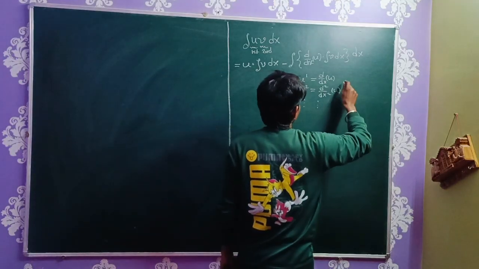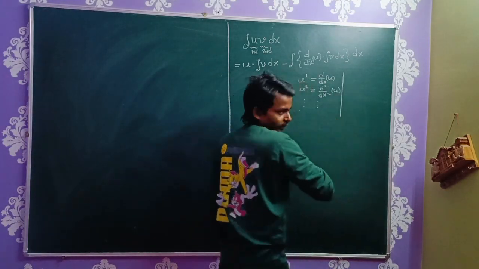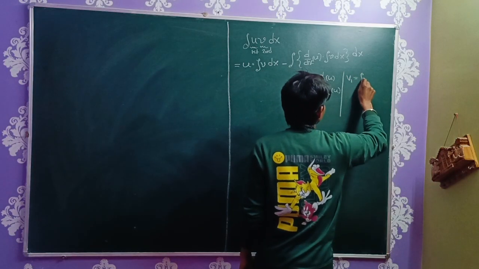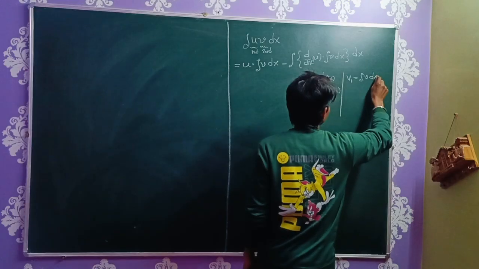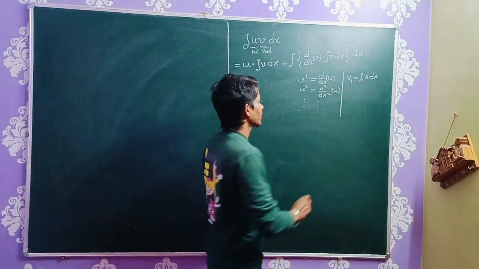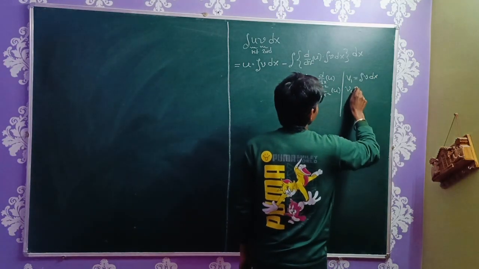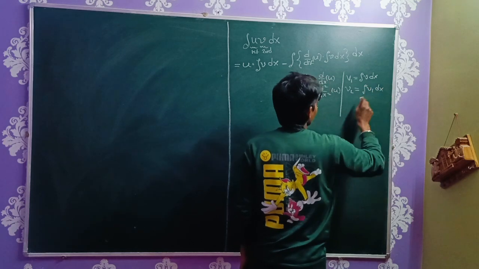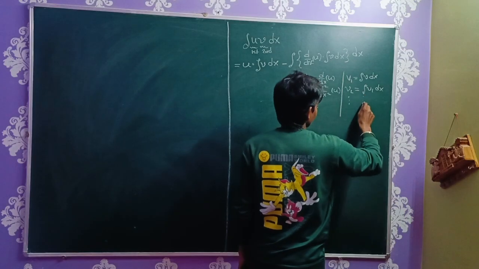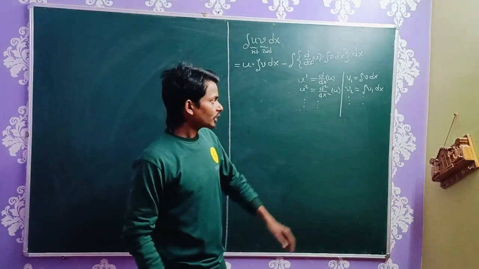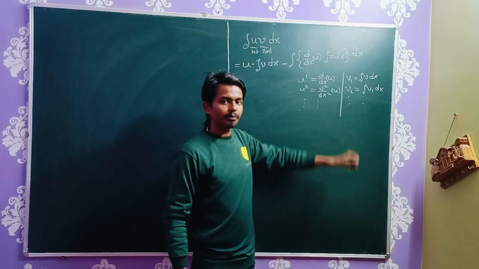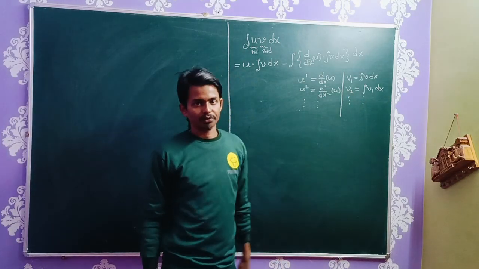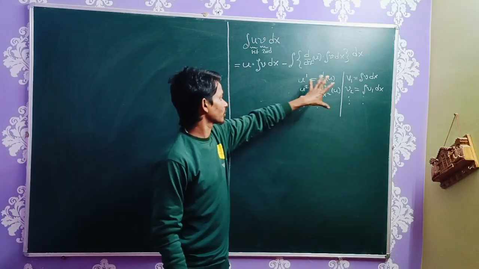One more symbol: v1 means I am taking the integration of v with respect to x, the first time, and v2 means you are taking the integration of the previous one, v1 dx, and so on. So whenever I write v suffix k, it means I am integrating the function v consecutively k times with respect to x. So these are the notations.